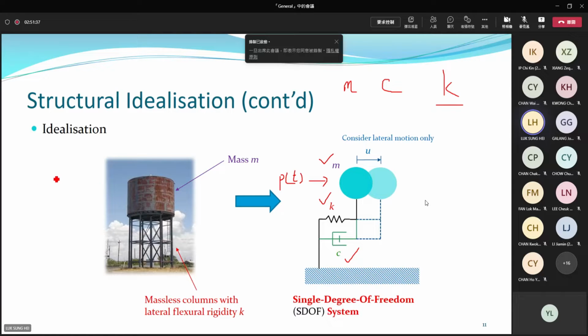But in the future, we will extend this concept to the multiple degree of freedom system. Think in this way: this water tank is just like our single story structure. If you have a multiple story structure, a 2nd story, 3rd story, and so on, then you have more than 1 box on the top.